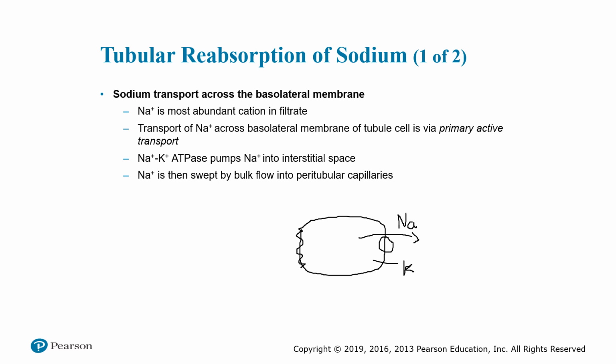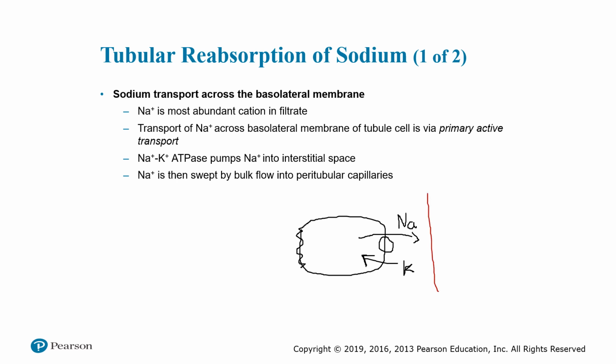As soon as it moves inside the cell, it diffuses out of the cell. So now we have sodium deficiency inside the cell. Also we have cation deficiency inside the cell. And when sodium goes out, it is swept by water and other solutes into the peritubular capillaries.